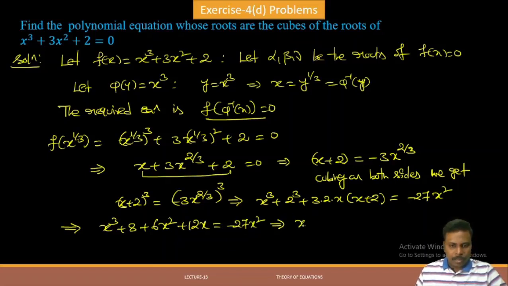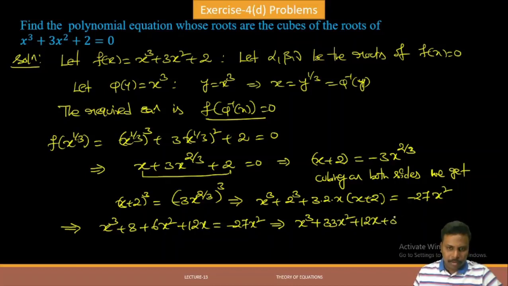This is x cube. If it comes this side, 27 plus 6, that is 33 x square plus 12x plus 8 is equal to 0.